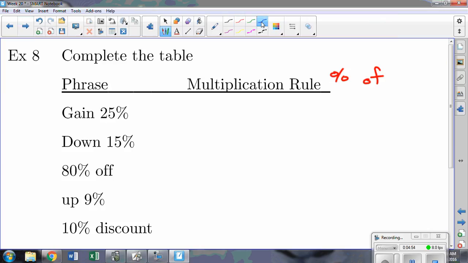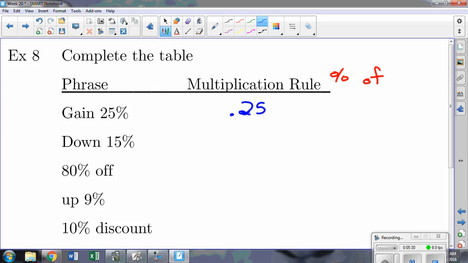It's common for students to say multiply by 0.25. Many students will say that, and they're wrong. Because multiplying by 0.25 is not gaining 25%, it's keeping 25%. So if you only keep 25%, that means you've taken away 75. 0.25 would be a 75% decrease, not a 25% increase.